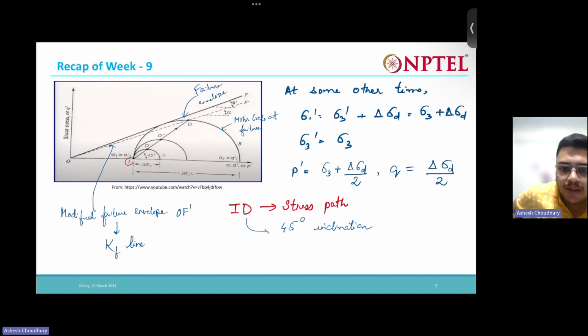Sigma 1 prime is equal to sigma 3 prime plus delta sigma d, because now you are applying this delta sigma d of deviatoric stress. So that is equal to sigma 3 plus delta sigma d. Sigma 3 prime is equal to sigma 3, that is the same. Therefore p prime is equal to sigma 1 prime plus sigma 3 prime by 2.